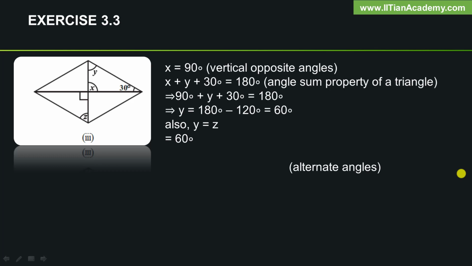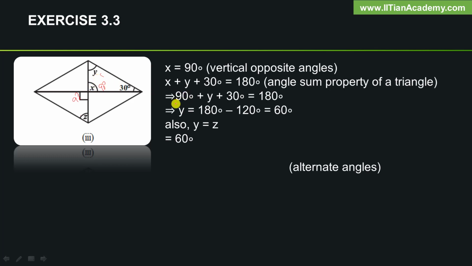Question 2c. Here, knowledge of parallelogram and its diagonal properties is used. In this question, we have to find x, y, and z. Here, we can see x equals 90 degrees. These are opposite angles of crossing sides. In this triangle, the sum of all angles is 180 degrees.